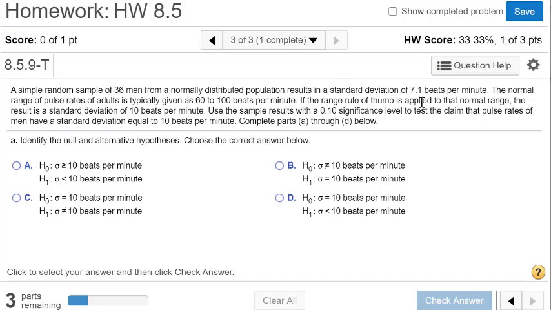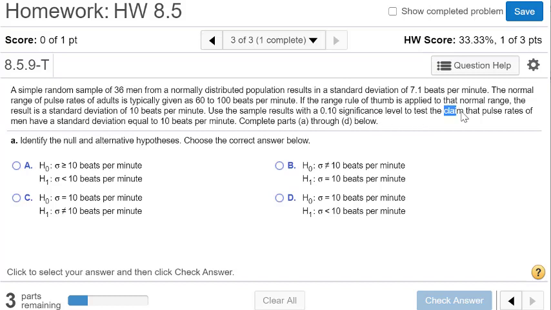If the range rule of thumb is applied to that normal range, then the result is a standard deviation of 10 beats per minute. Use a sample result with a 0.10 significance level to test the claim that the pulse rates of men have a standard deviation that is equal to 10 beats per minute.